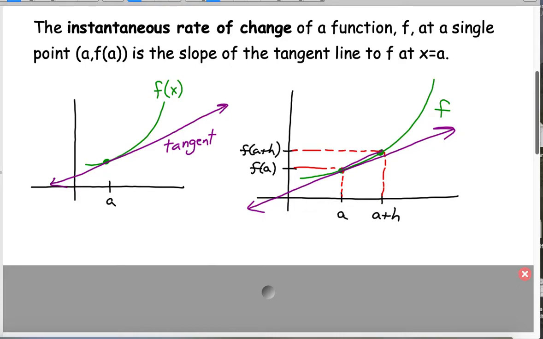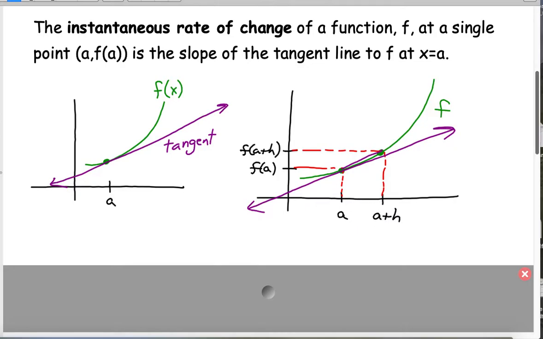And if I pick this h to be even smaller, then that second point will get closer and closer to the first point, and the slope of the secant between them is going to get closer and closer to the slope of my tangent line. And if h is even smaller, those 2 points get closer and closer together, and the slope between them becomes closer and closer to the slope of my tangent line.